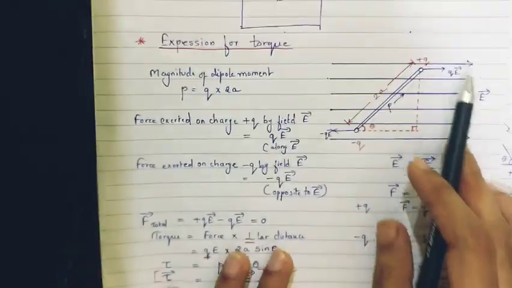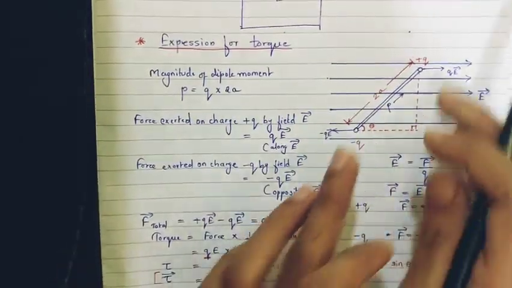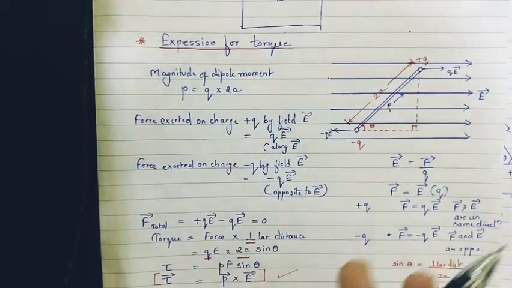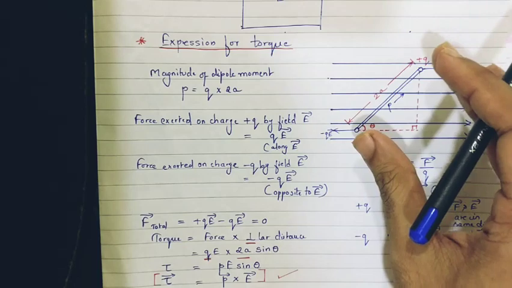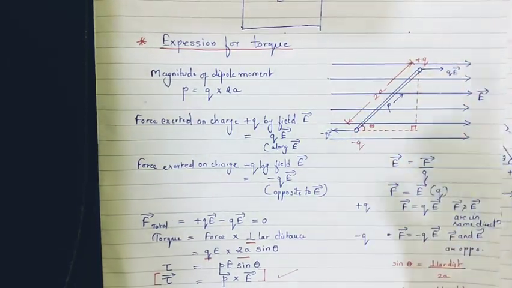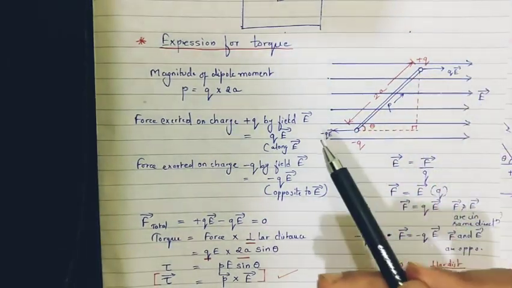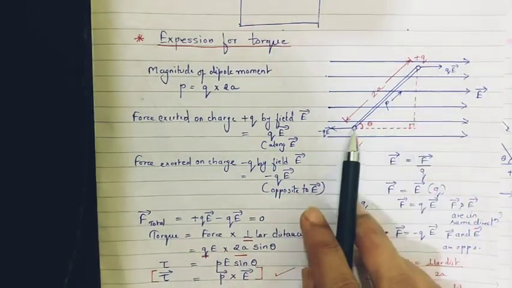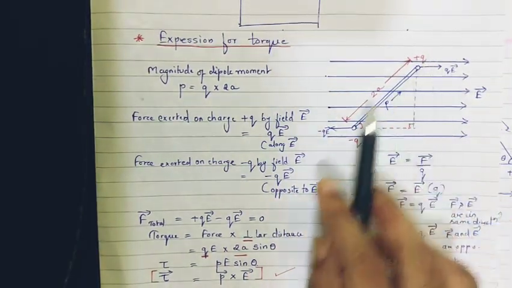So the magnitude of the net force acting on each of the charges was equal. But now since we have placed this electric dipole in a non-uniform electric field, Q and Q will have the same magnitude, no doubt, but E will be different. If this is E1, this will be E2.